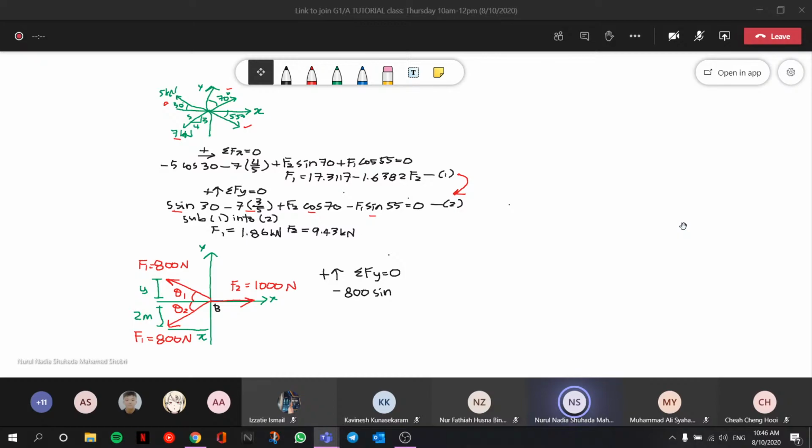A, B, C, D share the same pulling force, so for the direction here and also here, both F1 equal to 800 Newton because they share the same cord and the same pulling force. From there, we break down the forces.